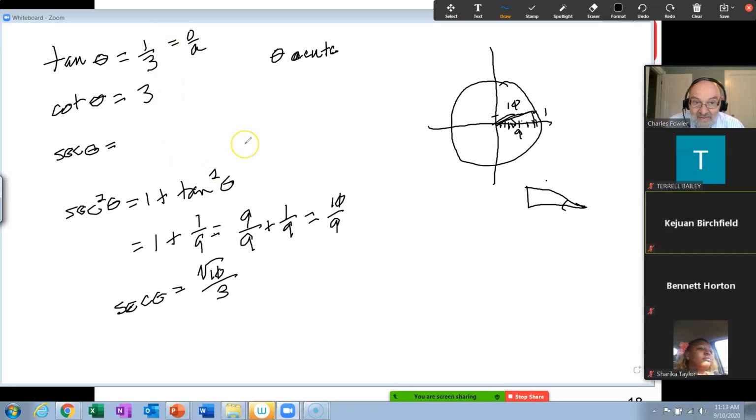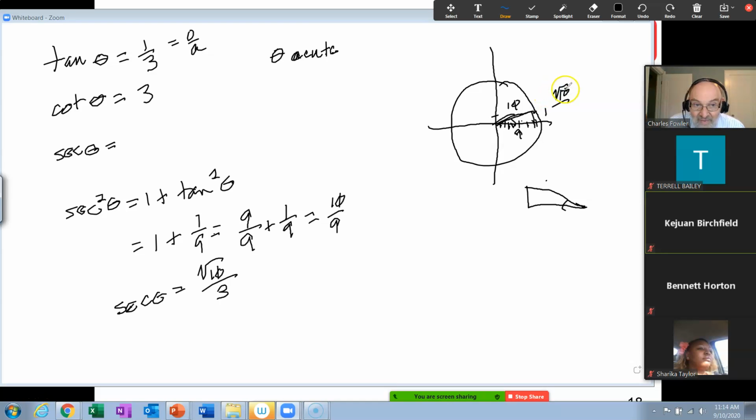But then the secant, if that's the case, then the secant is, and these should be square roots, I'm sorry, but this squared plus, cosine is adjacent over this, this is this over that, and take the square root of it, and it's the square root of 10 over 3.